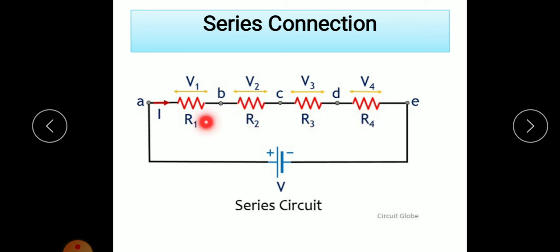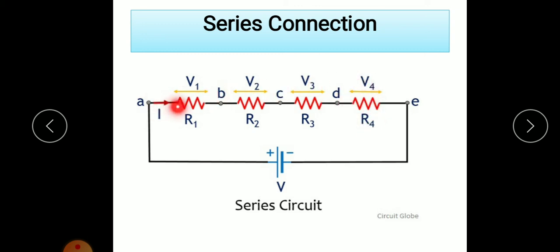So what is different here is, whenever a potential difference V is applied across A and E, the potential difference gets divided across each resistor. Here the resistor R1 will get V1 amount of potential difference, R2 will get V2, R3 will get V3, and R4 will get V4.